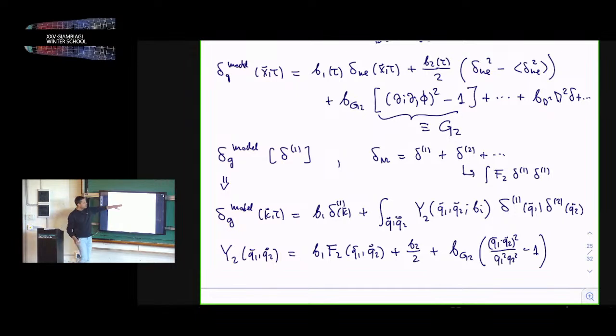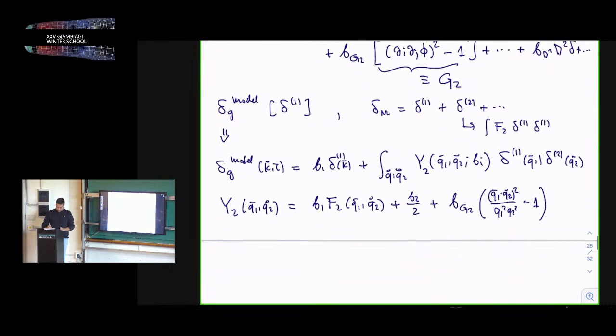When you go to Fourier space, these derivatives and phi, in terms of delta, you remember phi is basically 1 over the Laplacian times delta. So you're really going to get this momentum structure. So you see that for galaxies, the second order perturbation theory kernel is not just F2, but also has additional terms. And this has an important consequence.